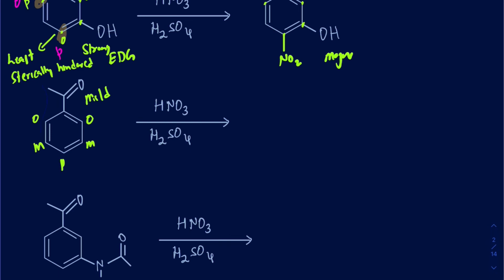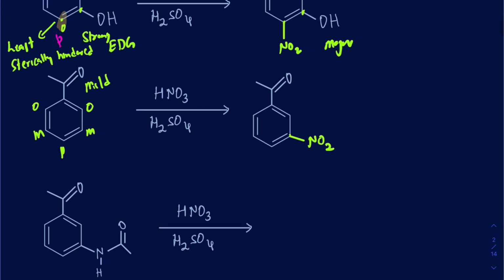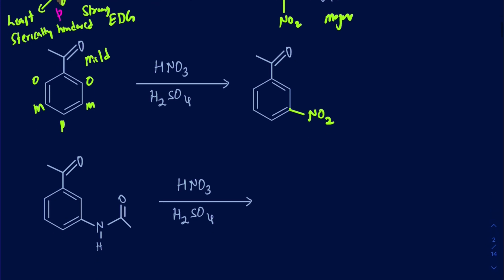Since I know this is going to be a meta director, I'm just going to go ahead and put this nitro group right here. So when it comes down to making the mechanism, it's going to be very similar. If you understand the mechanism on that, you just do the attack on the meta, figure out where the positive charge is going to be, and then draw the resonances and eventually get rid of the positive charge by removing the proton, restoring the aromaticity by using the conjugate base of your sulfuric acid.